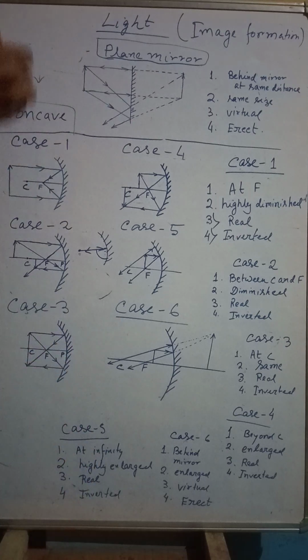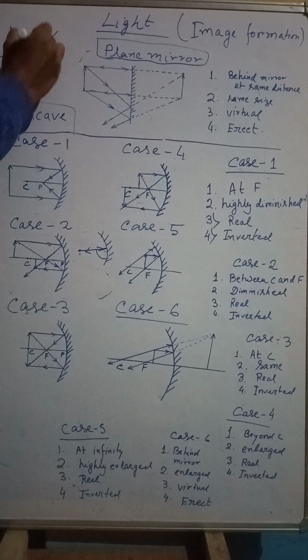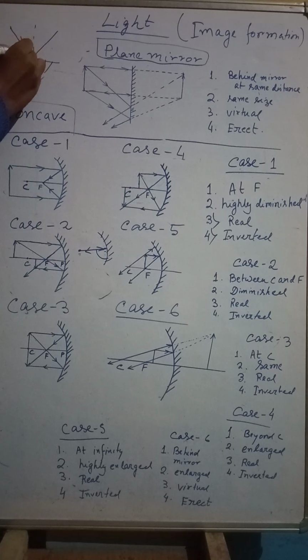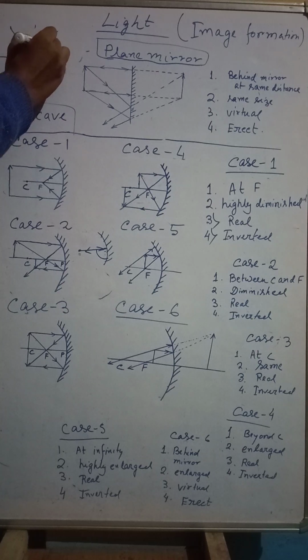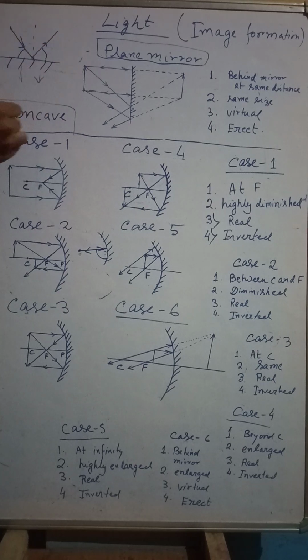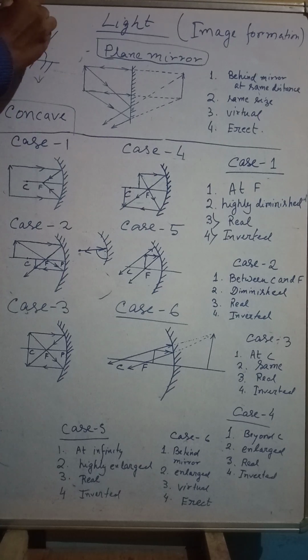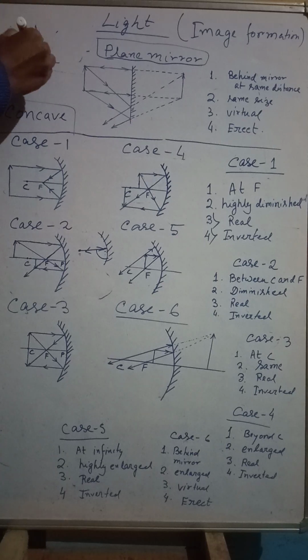Have you understood? If this is a mirror, this is the incident ray. This is the angle between mirror and incident ray, and this is the angle between mirror and reflected ray. If this incident ray becomes like that, then this becomes the reflected ray.